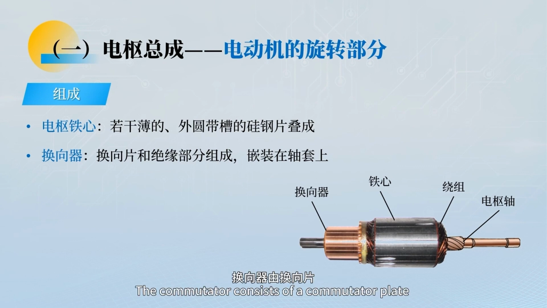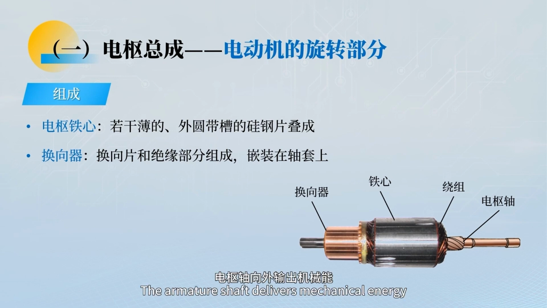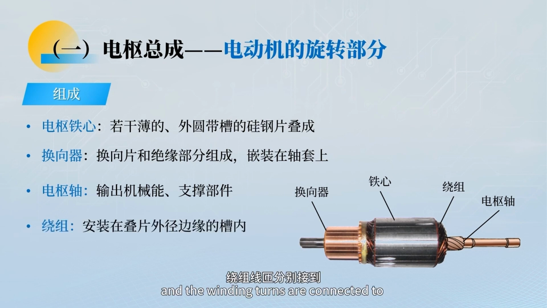The commutator consists of a commutator plate and an insulating part embedded in a shaft sleeve. The armature shaft delivers mechanical energy to the outside and supports the commutator, rotor core, end caps, bearings, and other components. The windings are mounted in slots at the edge of the outer diameter of the stack, and the winding turns are connected to the copper plates of the commutator respectively.